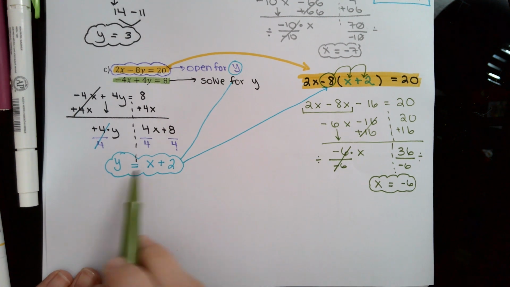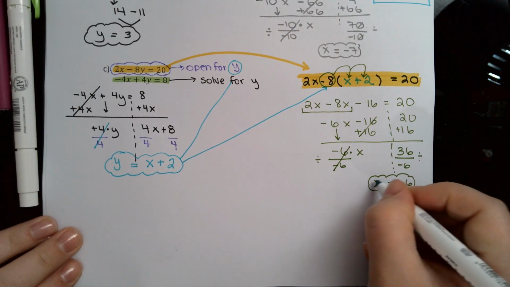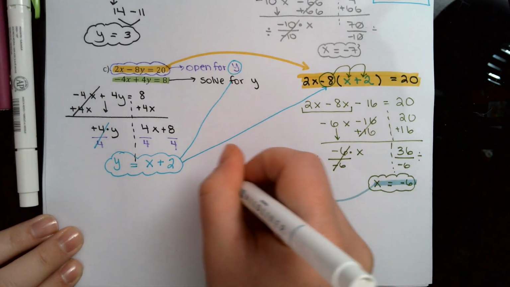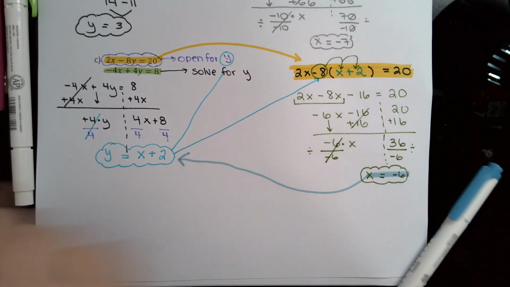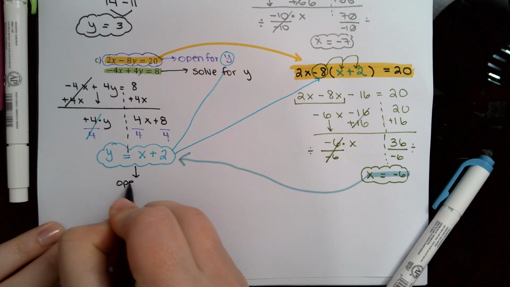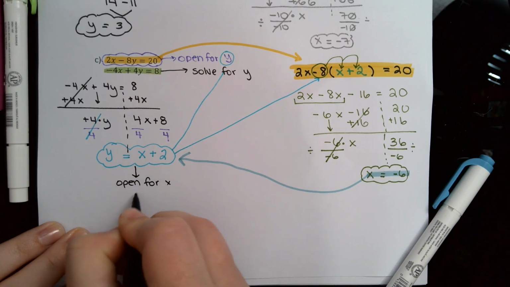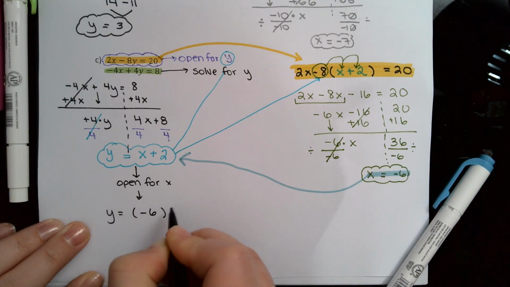Now remember, you did not solve for y yet. When you solved for y, we still had an equation. So this very last step is you're going to pick up this x. You're going to bring this x back to your y equals equation. Then you're going to open up for x, putting in our x value of negative 6.